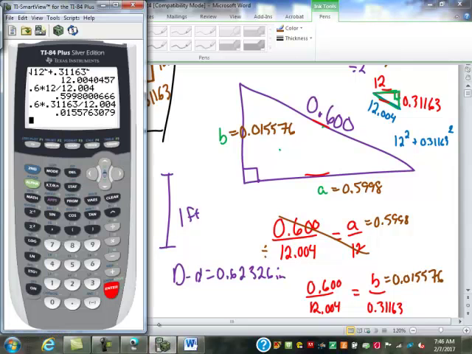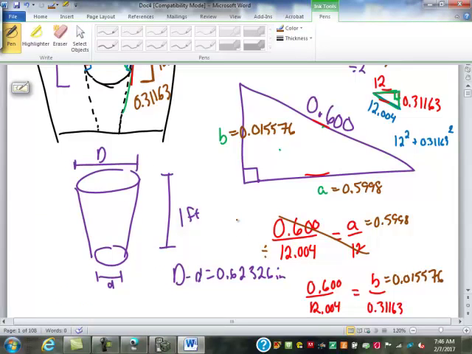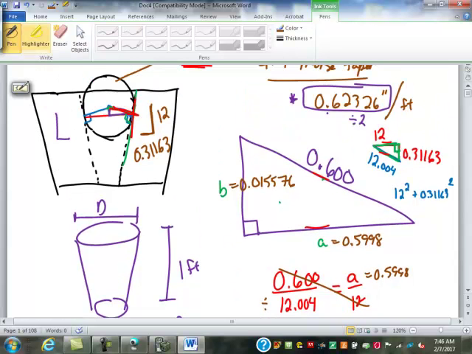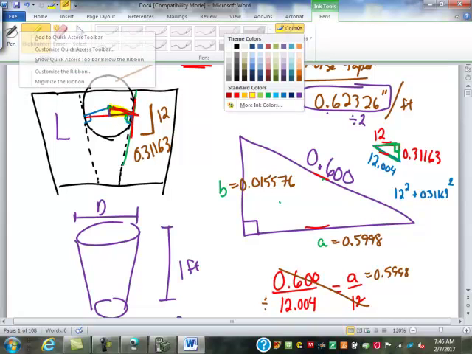So I have those dimensions. What do they tell me? Remember, that was this little triangle right here. So that tells me quite a bit.